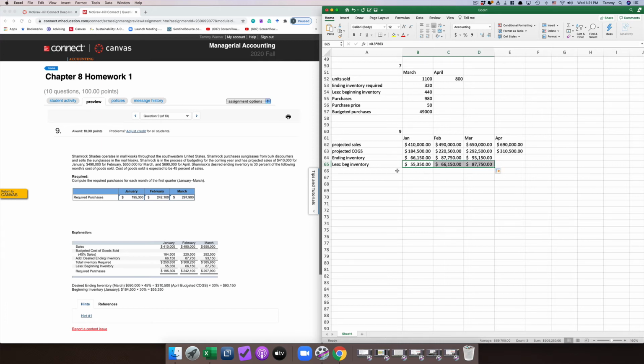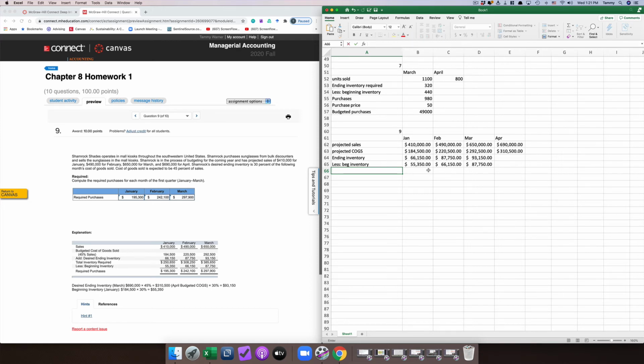Okay. So then what we need, and why are we giving inventory in terms of our cost of goods sold? Because that's what it's on the books for, right? So that's what the value of our inventory is going to be.